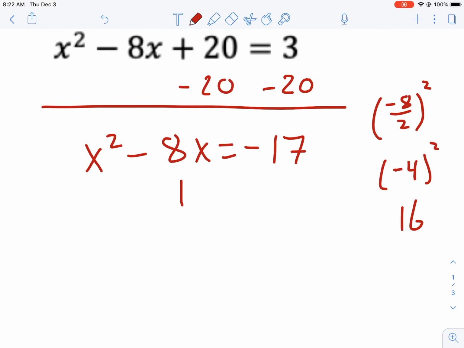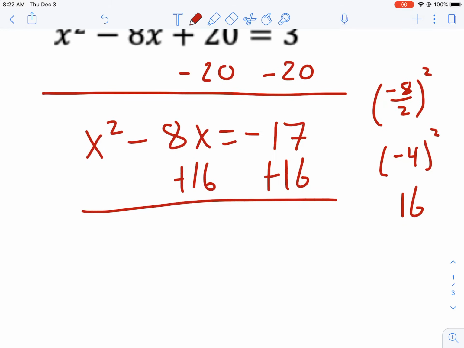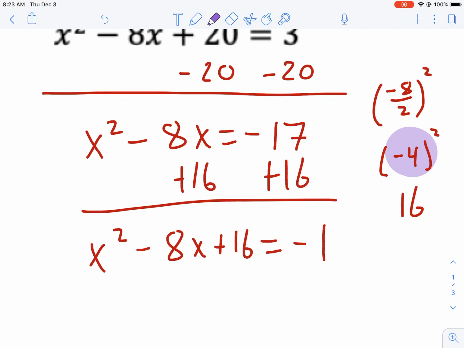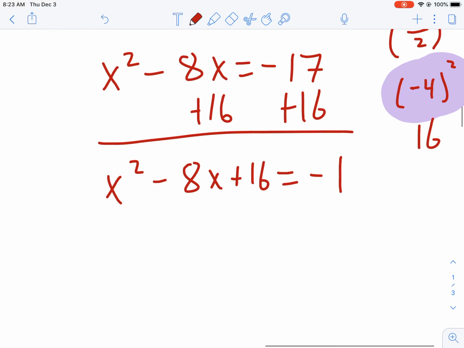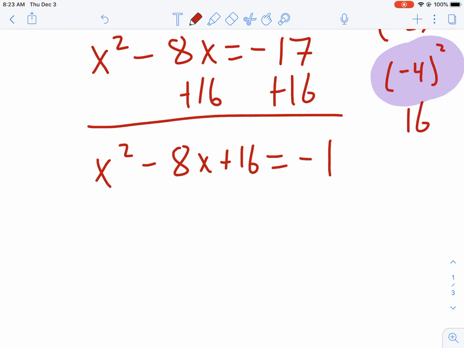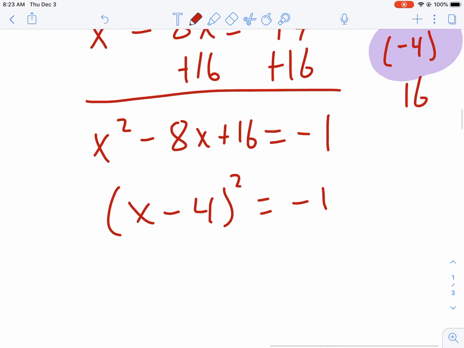So we're going to be adding 16 to both sides here. -17 plus 16 is -1. Now remember, this was our factor here, so -4 plus -4 is -8, and -4 times -4 is 16. So now we can rewrite this as x minus 4 squared equals -1.